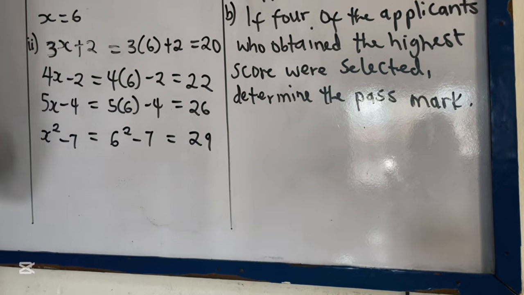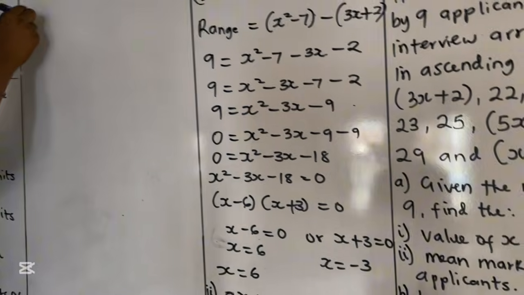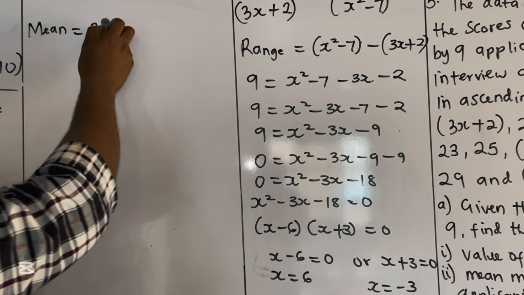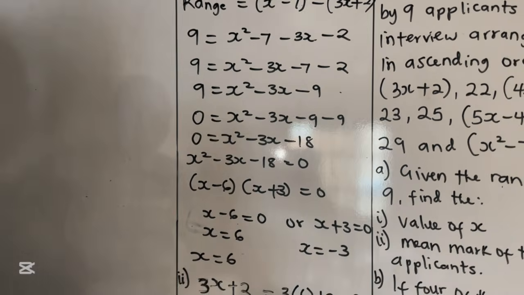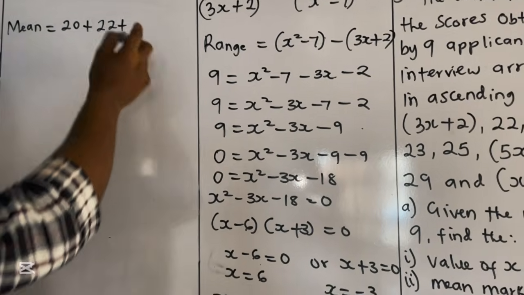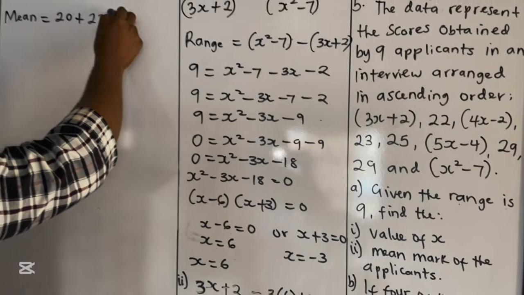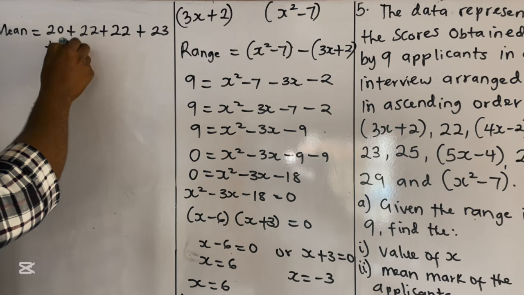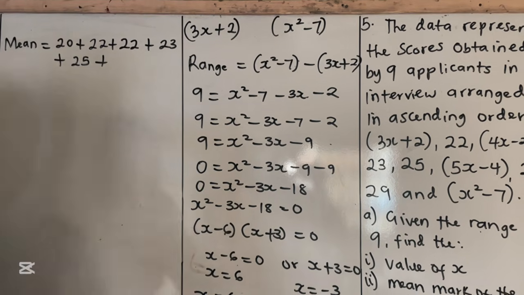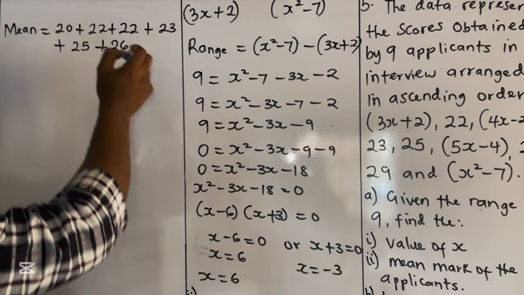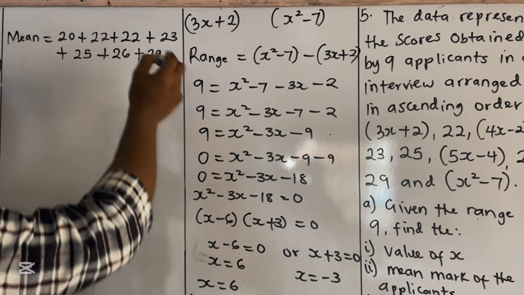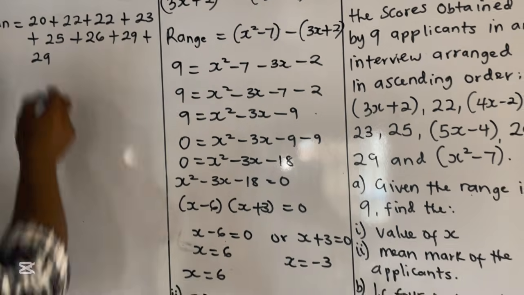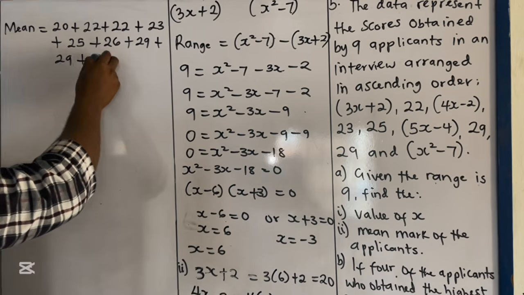So now we can find the mean. The mean will give us 20 plus 22, plus 23, plus 25, plus 26, plus 26, plus 29, plus 29, plus another 29.